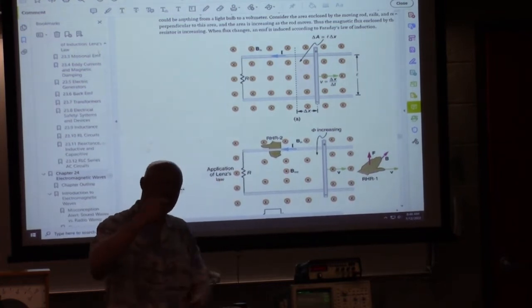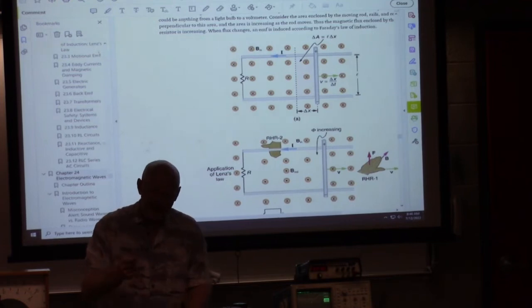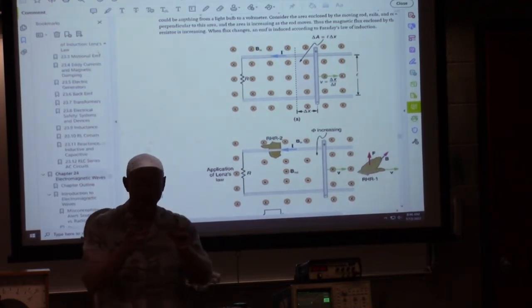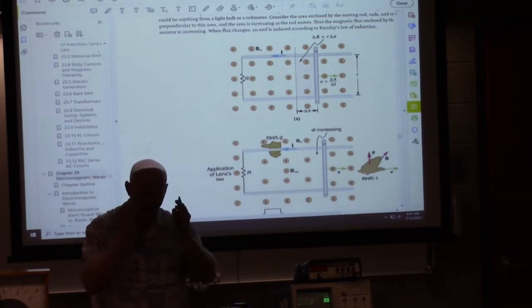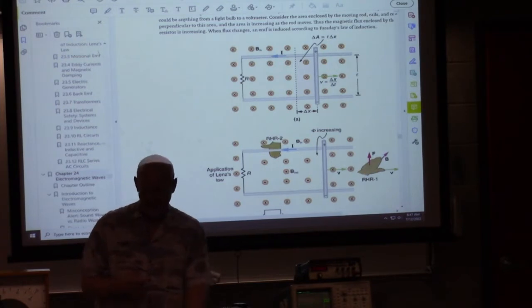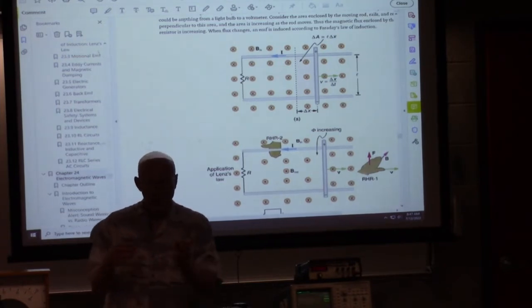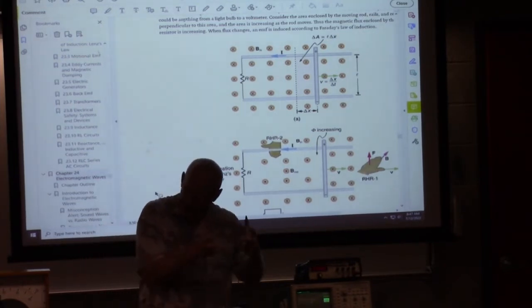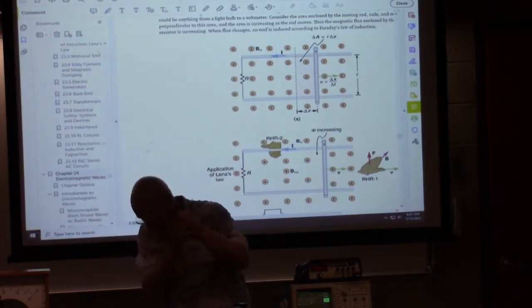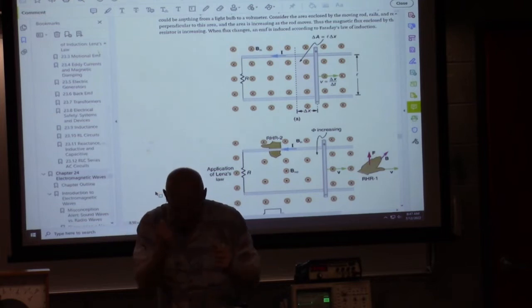So which way does the secondary want to be? Out, to oppose the change. We want to create a flux outward. So the total still goes back to the 9. So by the time you take the new value from the primary, which is now 12, and then you take 3 more coming out from the secondary, you're back where you started.